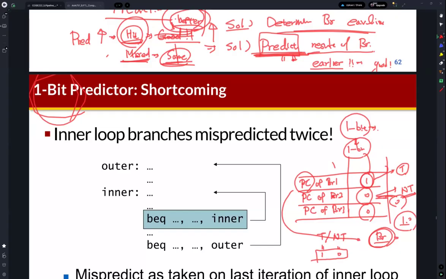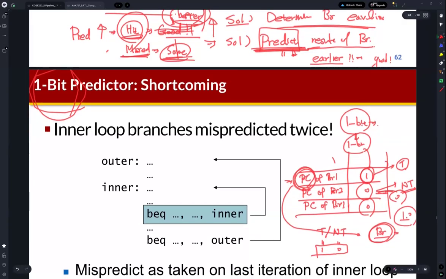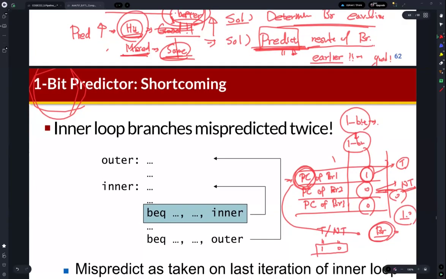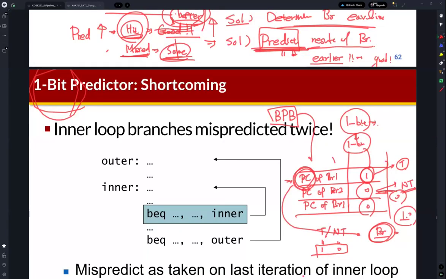So I mentioned that we can read this table using the PC. This is called the branch prediction buffer, BPB, because this is a table where we store the result of a previous branch instruction.